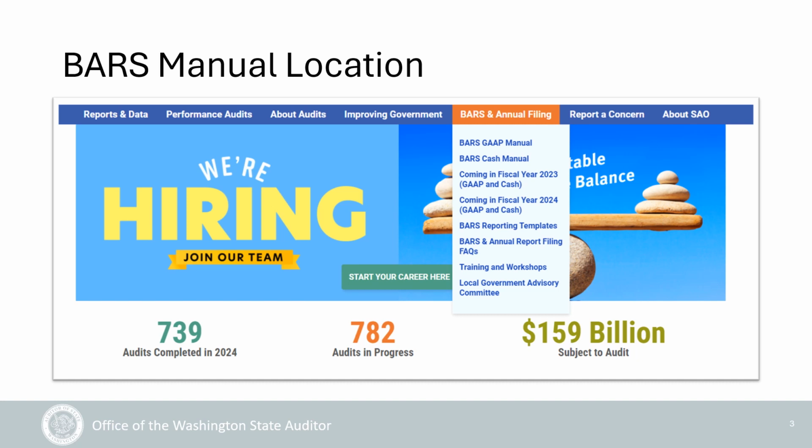To follow along in the BARS manual, please go to sao.wa.gov and click the BARS and Annual Filing menu. Select the appropriate manual, either GAAP or cash, depending on your government's accounting basis, as shown in the orange box.